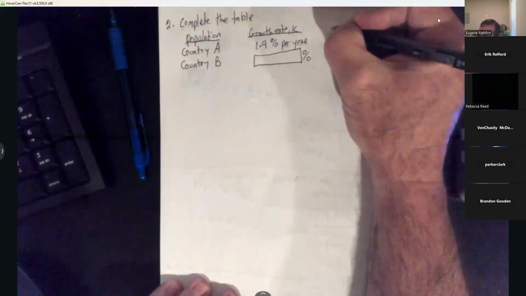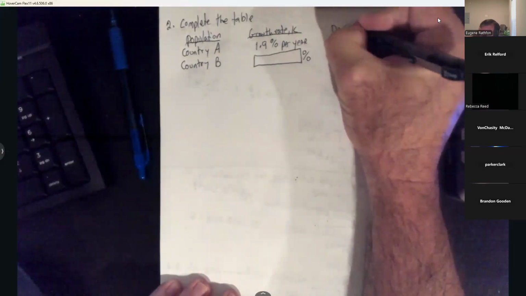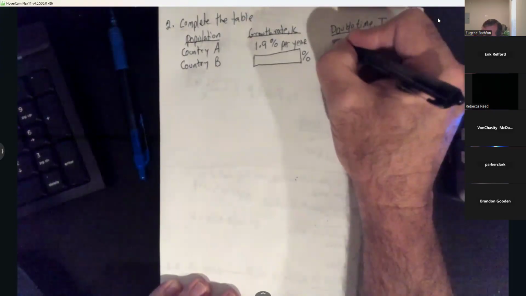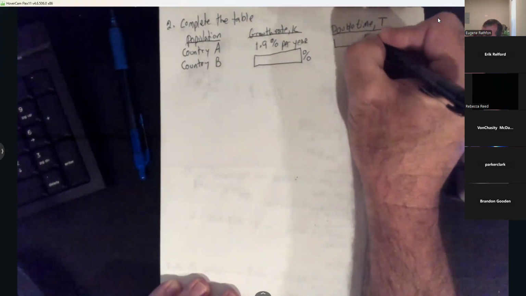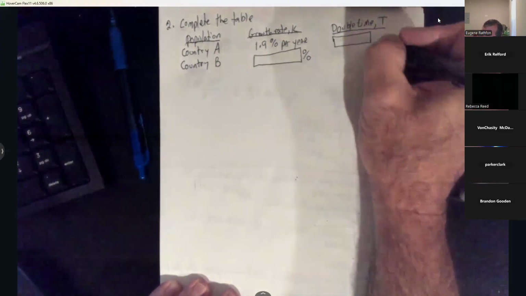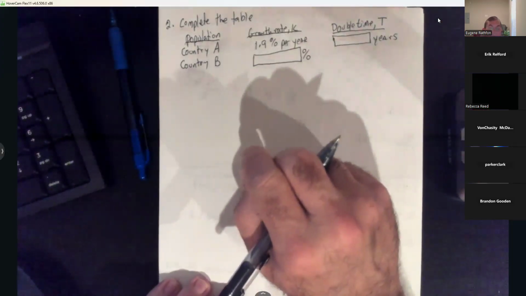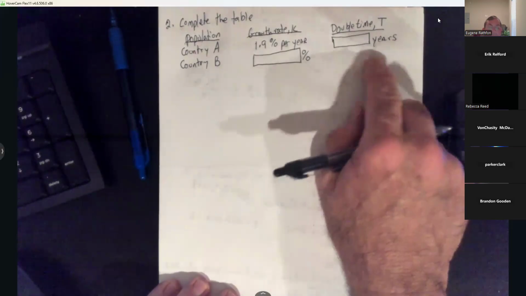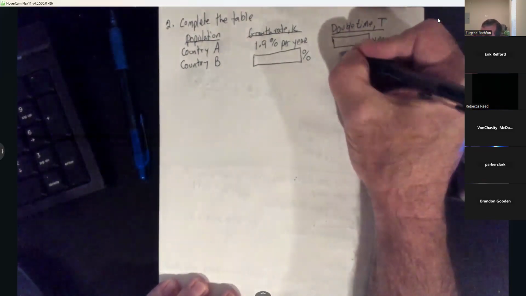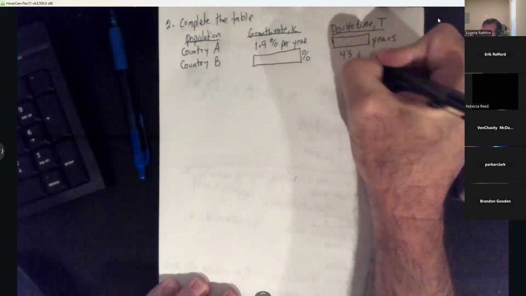Now, over here in the last column is the double time, which is our capital T. Now, they're not giving me country A's double time, and that's going to be in years when we find it. But they are giving me country B's double time of 43 years.